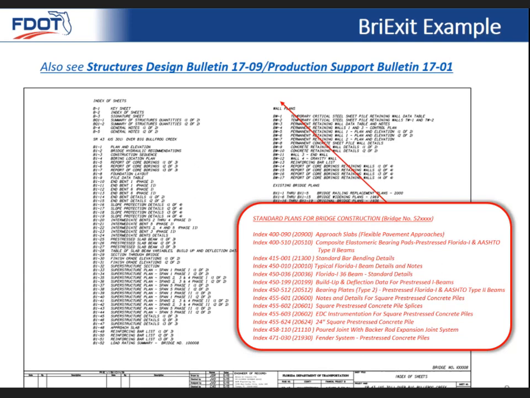So those relevant standards for each bridge are included in a single PDF file, but the names of the individual, applicable standards are included in the index. I refer you to the Structures Design Bulletin 17-09, which has more examples on this and some explanation.